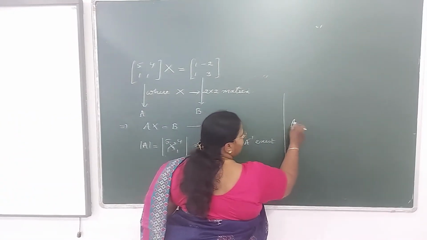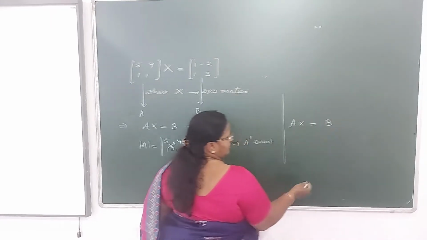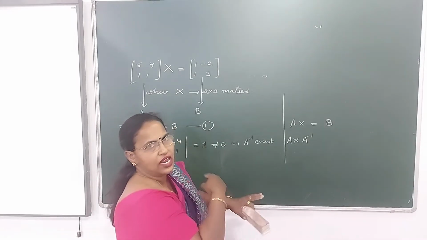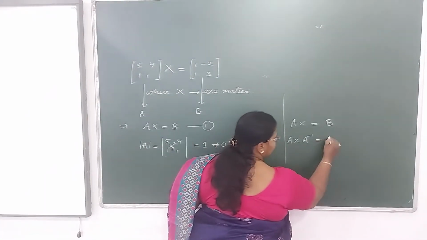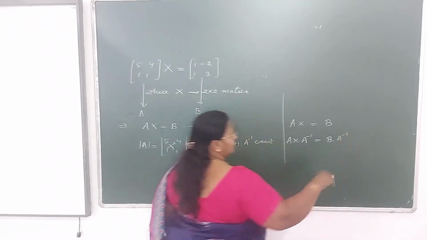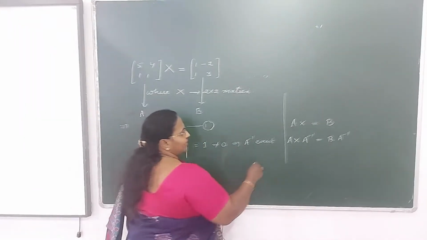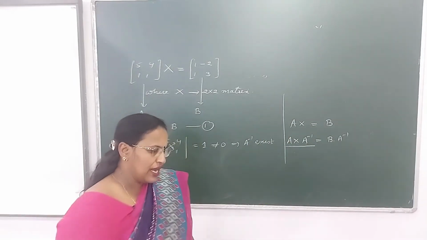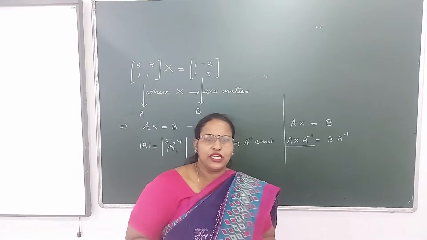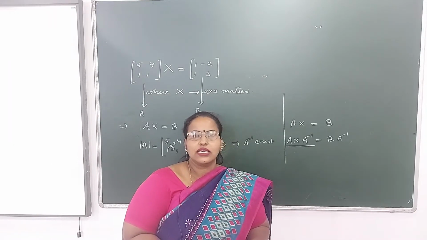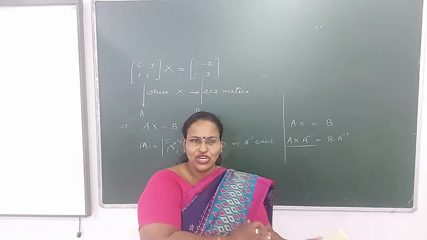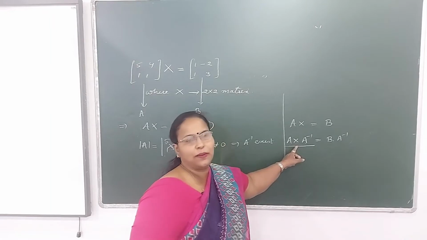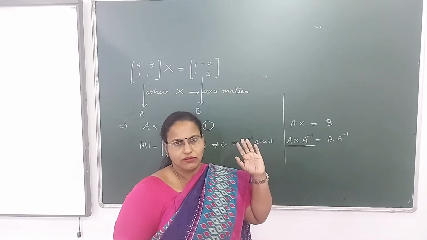If you multiply the given equation by A inverse as post multiplication, the right hand side is not at all a problem, but see the left hand side, A x A inverse. You know that in general matrix multiplication does not obey the commutative property. So you cannot interchange the position. So here this post multiplication will be of no use.